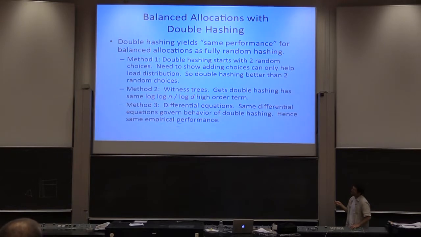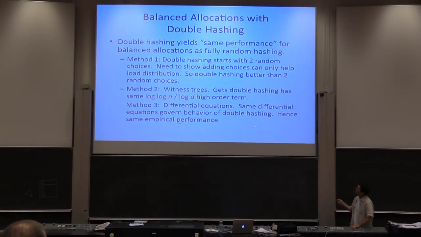And then finally, method 3 is to go back to the fluid limits that we just talked about, these differential equations. What you want to show is that the same differential equations really govern the behavior even when you have double hashing. That's not at all clear or obvious. It takes some work to show that.